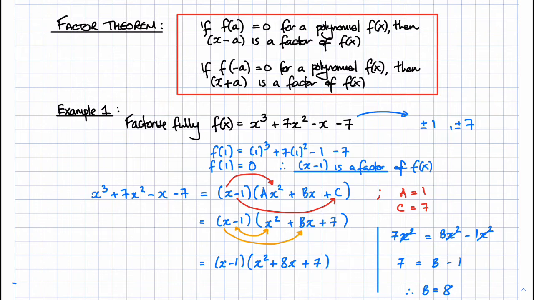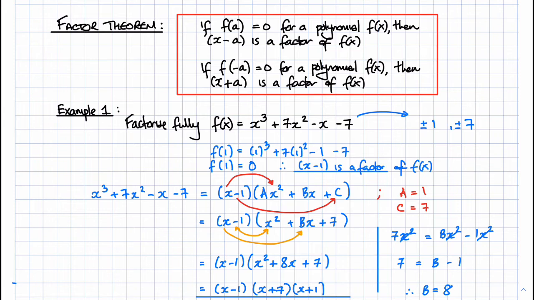Now if we analyze this quadratic factor in more detail, we need to ask ourselves, is it possible to factorize this quadratic into two linear factors? And upon careful inspection, yes, we can. Numbers that multiply together to give you 7 but add together to give you 8 would be 1 and 7. So we can factorize this further, and we obtain x minus 1, x plus 7, and x plus 1. This is our final result.